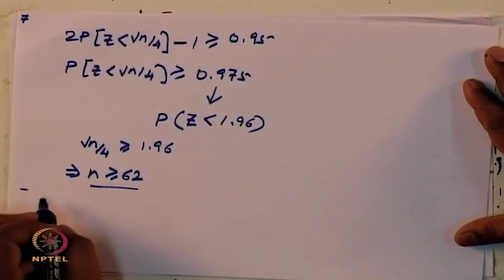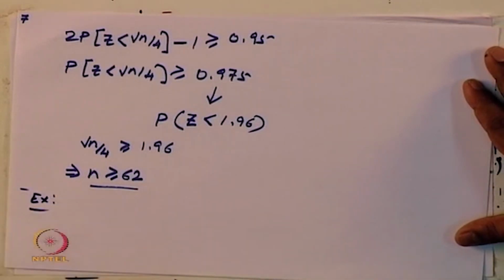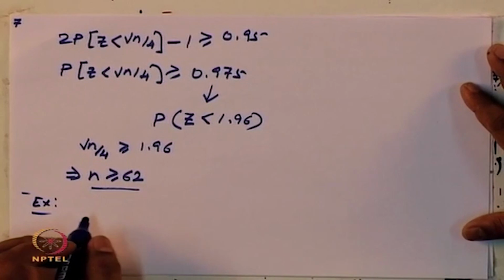We will just give one more example. Last example for the central limit theorem using the sample mean.